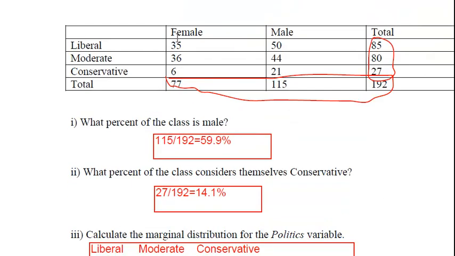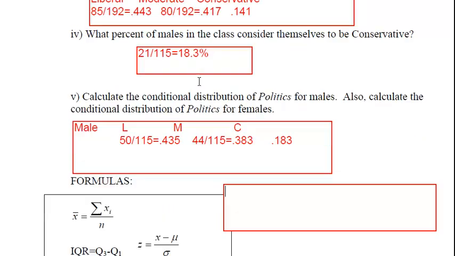So above here, now I only want the breakdown for females. So I do this column, taking 35 divided by 77, 36 divided by 77, and so forth. I'm just going to do this fairly quickly because I think you get the idea. The first one is 35 divided by 77, so 0.455. And then we have 36 divided by the same number, 0.468.